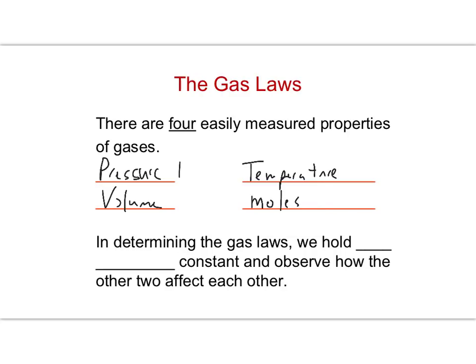Pressure P, volume V, temperature T. It's important that it's in Kelvin. It has to be in Kelvin for these calculations to turn out right. And then moles is abbreviated N.